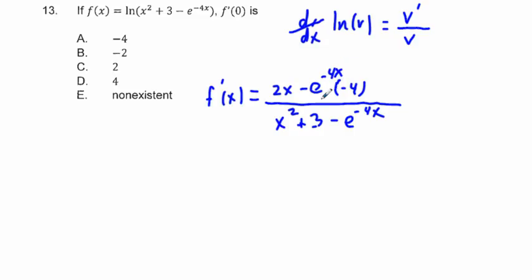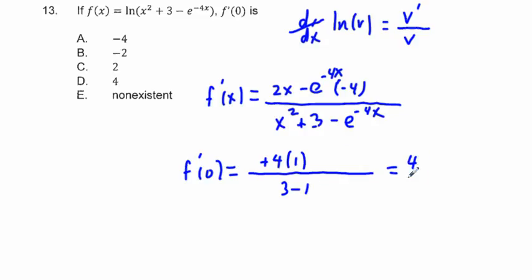So what we have is, we're just going to go and put in f prime of 0 is equal to, in the numerator, 2 times 0 is 0, and then we're going to have plus e to the 0, well, we're going to have 4, because we have 4 out front. e to the 0 is 1, and in the denominator we're going to have 0 squared plus 3, and so we're going to have the 3 here minus e to the 0, which is 1.